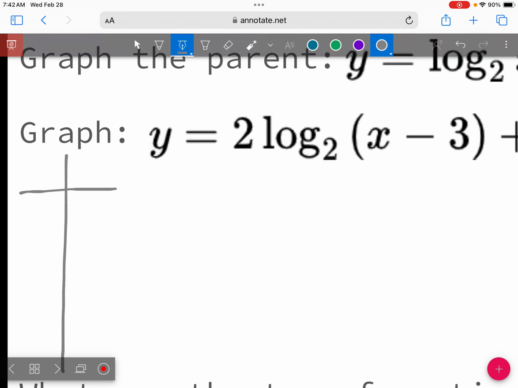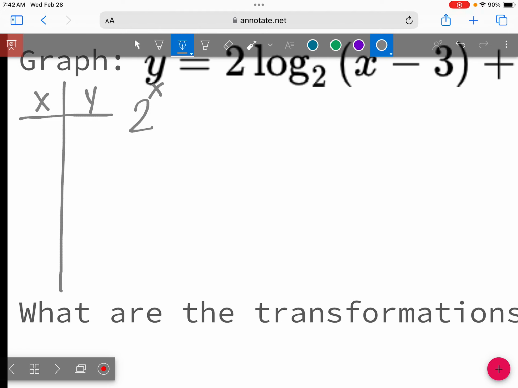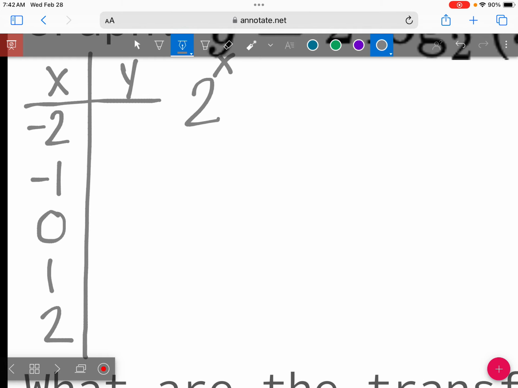So our exponential has what base? 2. So 2 to the x is where I'm going to start tables-wise. We use our x's from -2 to +2, and we calculate our y's into 2 to the x.